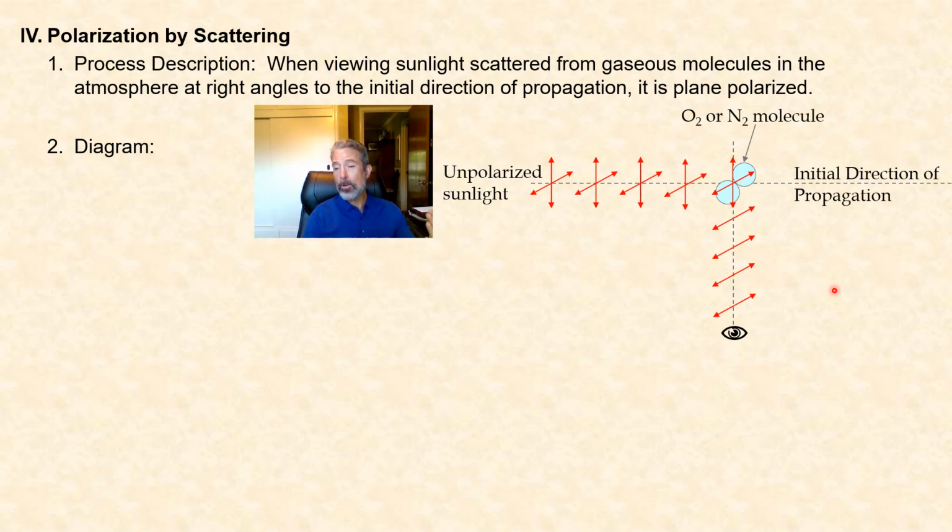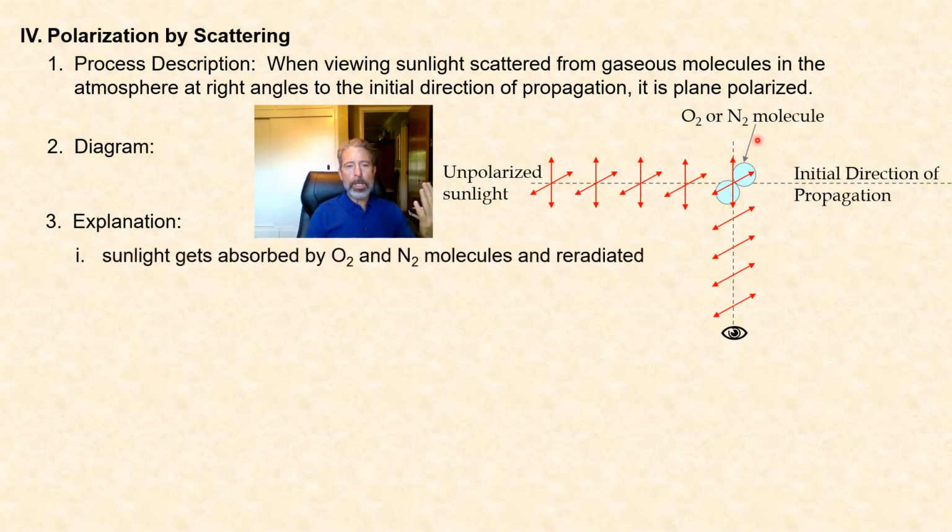And it became completely polarized for the same reason that we have here: this vertical component cannot exist in the direction of propagation. So when viewed at this 90-degree angle to the incident direction of the unpolarized light, there can be no component of electric field in the direction of propagation. That is a property of all electromagnetic waves, which we'll formally state right now.